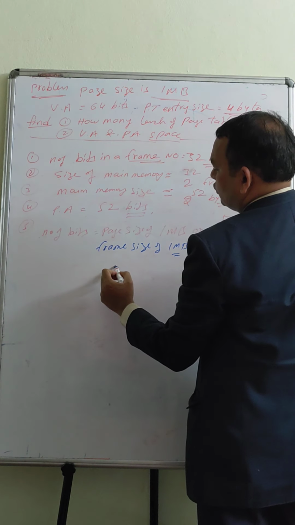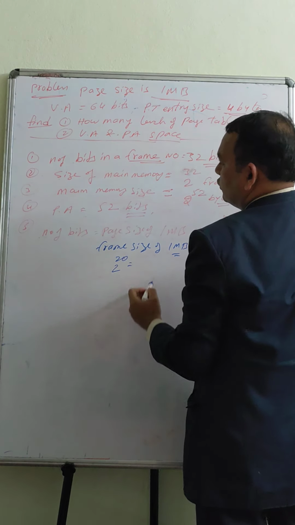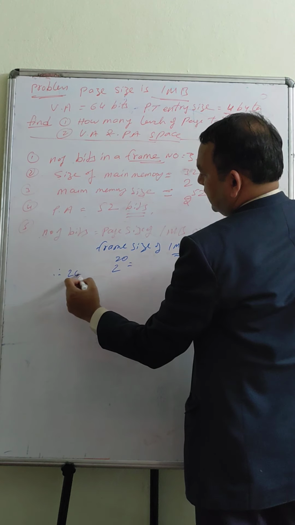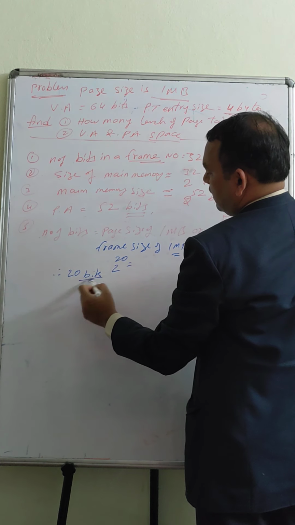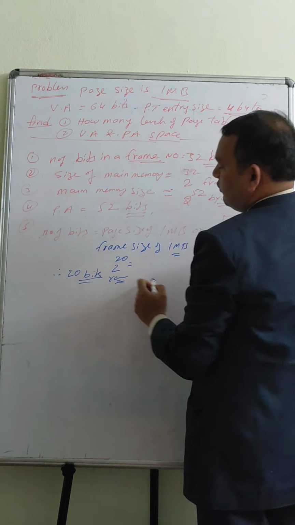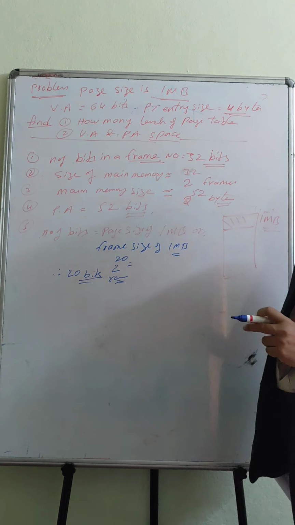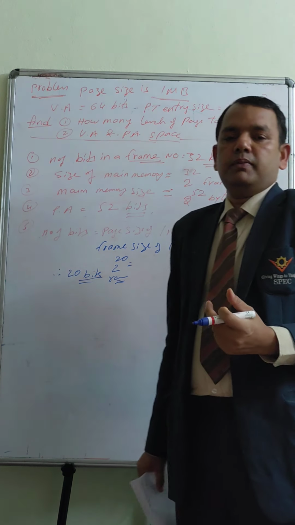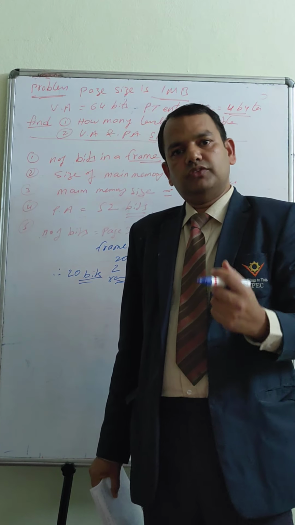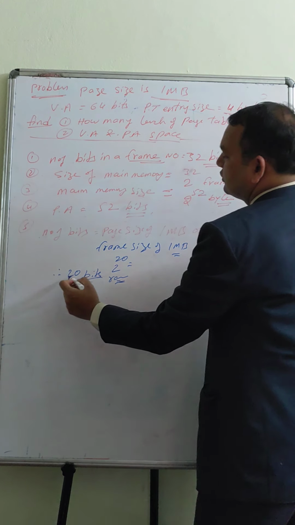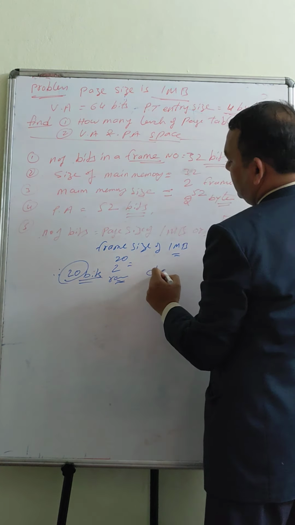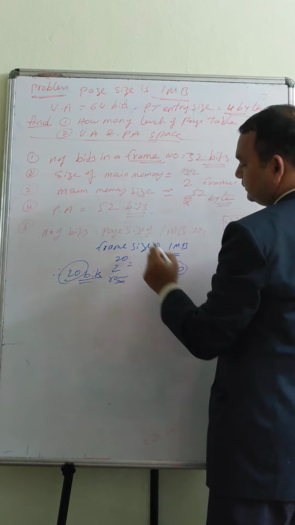So 1 MB is 2 power 20. Therefore 20 bits are required for frame and page size. So this 20 bits is nothing but D. D is equal to 20.